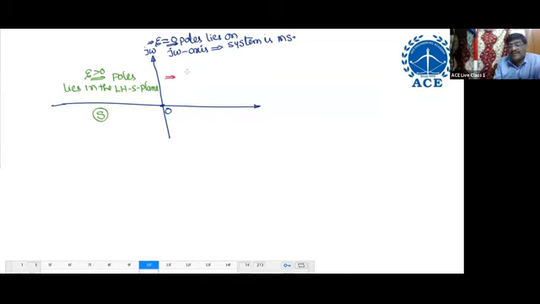Zeta less than 0: poles lie in the right half of the S plane.